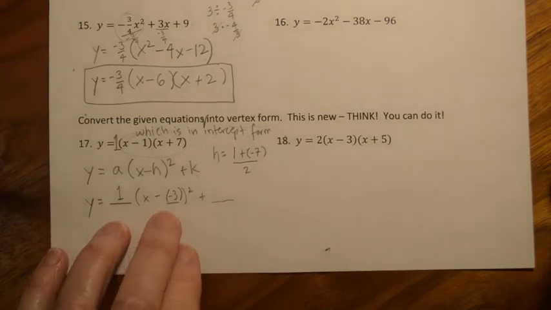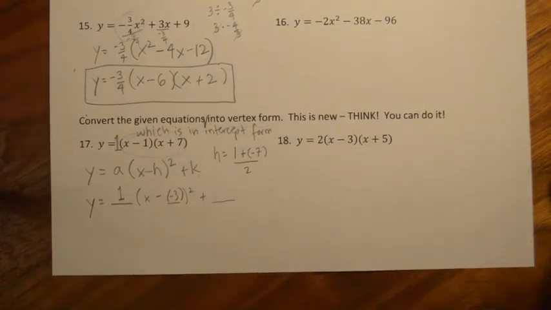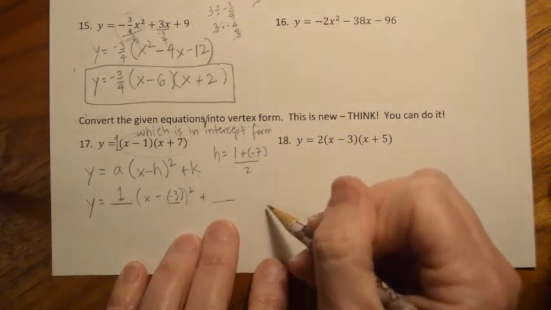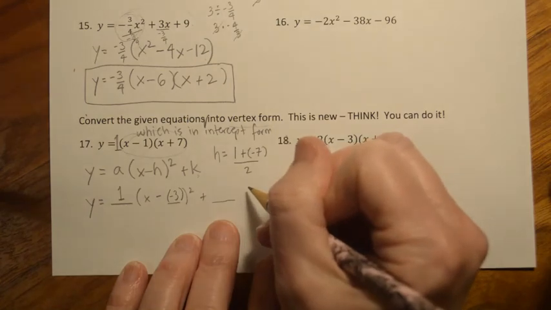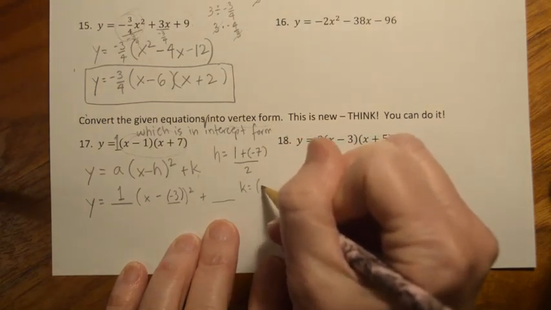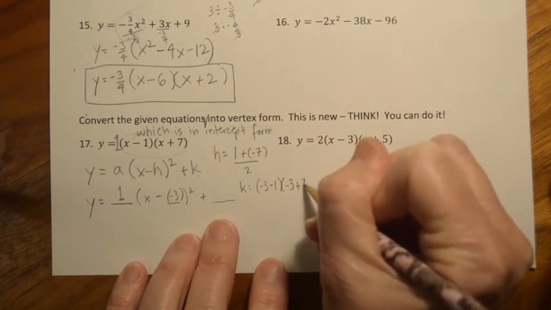Now how do we find the k value, or the y coordinate of the vertex? You would plug that back into the original equation. So now we're going to say that the y, or k, is going to be negative 3 minus 1 times negative 3 plus 7.